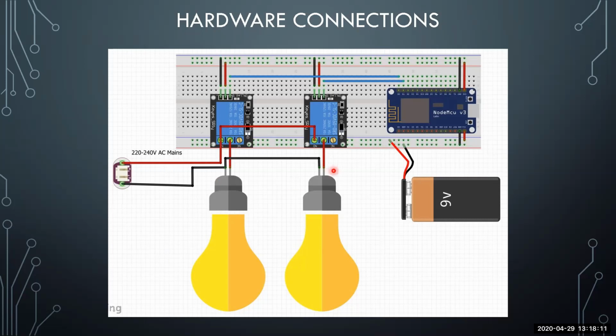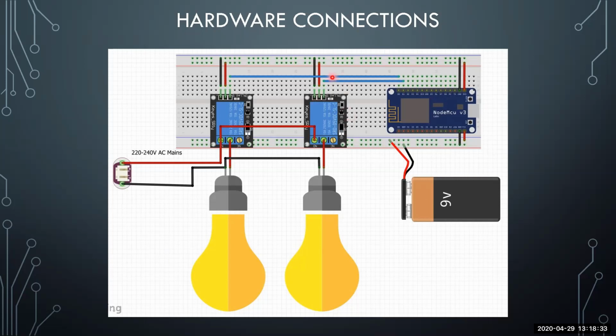And now let's see the connections. We are using D0 and D1 to connect to our 2-channel relay. Since NodeMCU is changed to MicroPython firmware, D0 and D1 are changed to GPIO 16 and GPIO 5. Okay, so now relays. Relays have 3 pins.